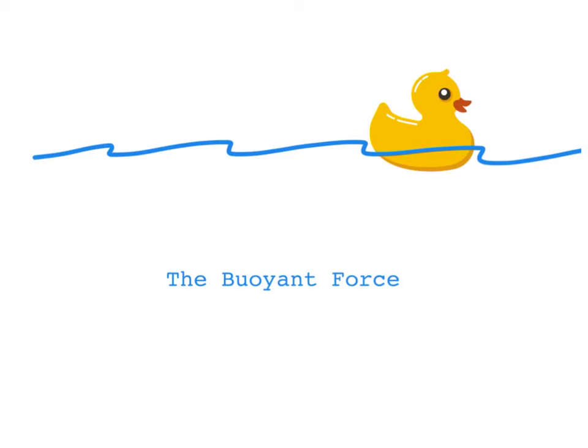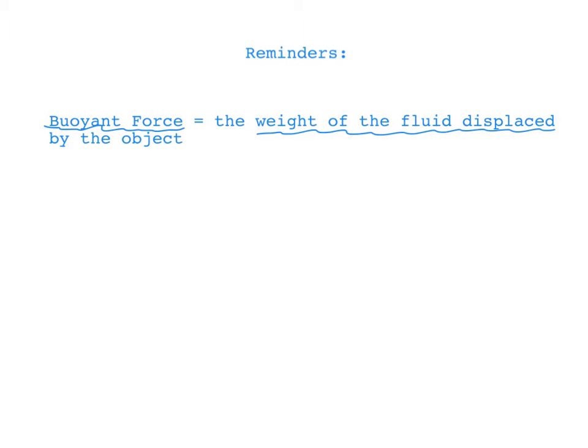Before we jump into the first example, however, I want to just recap what buoyancy is. So here we have it. The buoyant force is equal to the weight of the fluid displaced by an object in fluid. So this is Archimedes' principle, and he noticed that the buoyant force is equal to the weight of the fluid that's displaced by an object, if you were to weigh it.